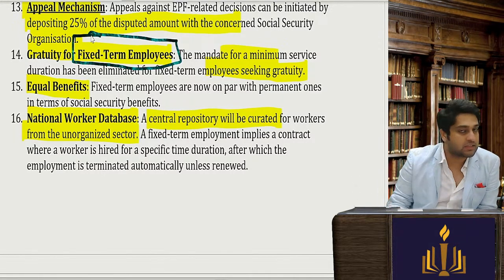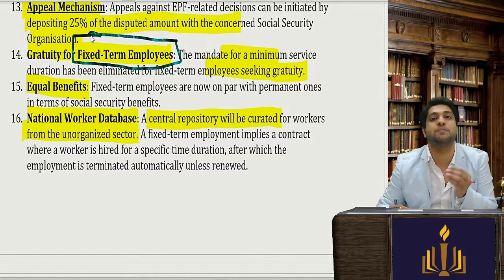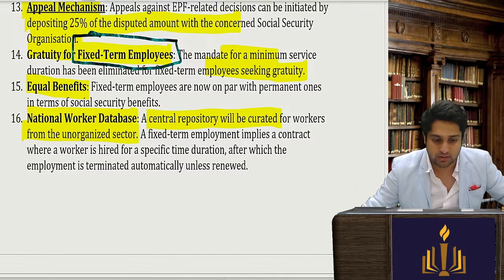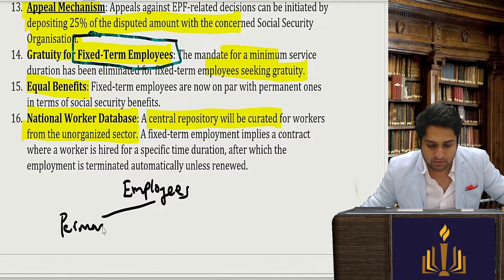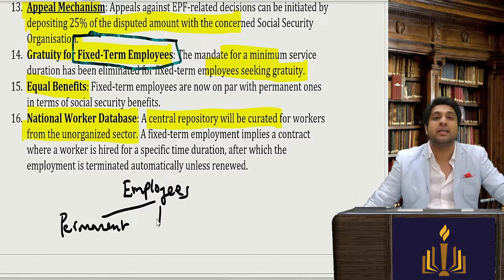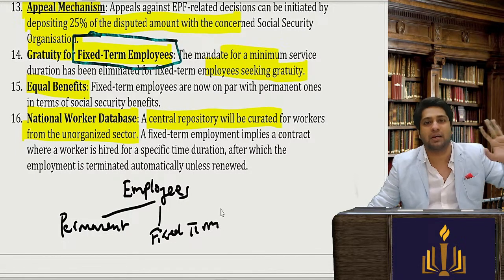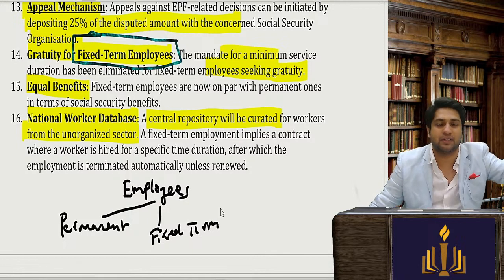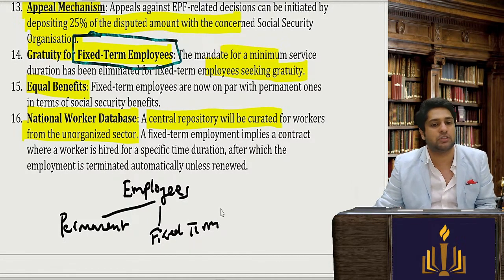We had traditional employees who were called permanent employees, like we normally understand. Then came fixed term. Fixed term means you hire them for maybe 1 month and it is done, and then you leave them. Maybe for seasonal people, you bring them for a certain period.